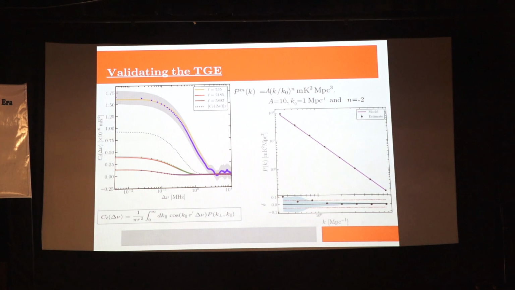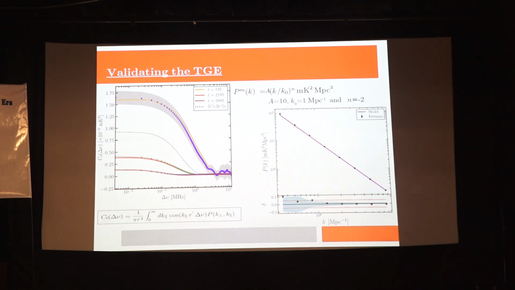So we have first validated our estimator with a simulation where we considered this input model power spectrum with spectral index n equal to -2, and we generated multiple realizations corresponding to this input power spectrum. We simulated the visibilities corresponding to those realizations, and then applied our estimator to calculate the multi-frequency angular power spectrum and the spherical power spectrum from those simulated visibilities.